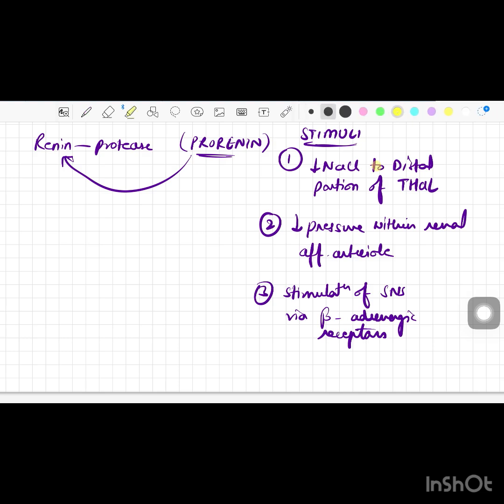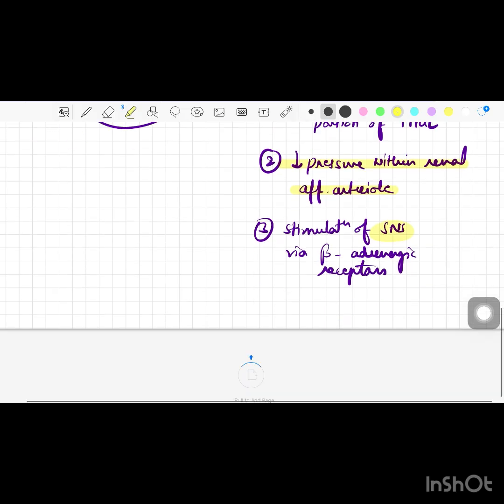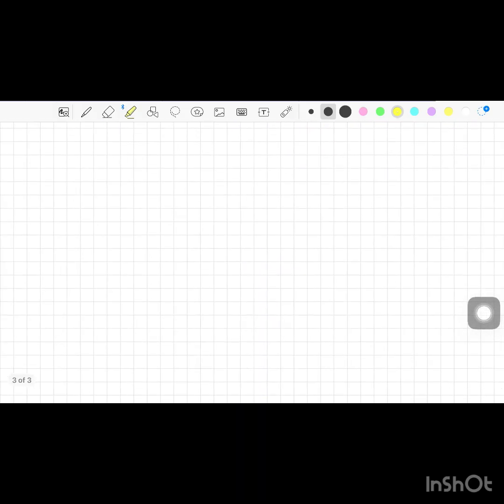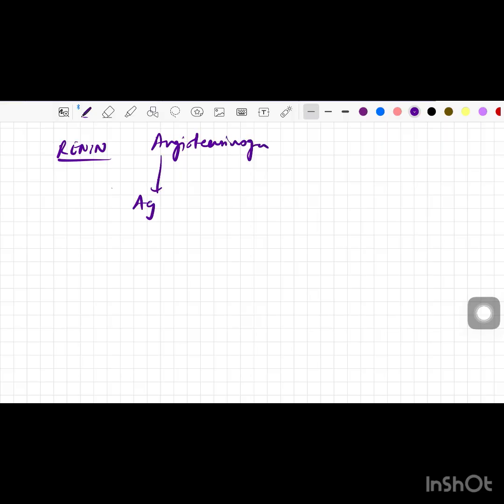So these three are the stimuli. First is decreased NaCl to the distal portion of thick ascending limb of loop of Henle. Second is decreased pressure within the renal afferent arteriole, and third is stimulation of the sympathetic nervous system via beta adrenergic receptors. Now once the renin is secreted, what does it do? The function of renin is to convert angiotensinogen to angiotensin 1 first.